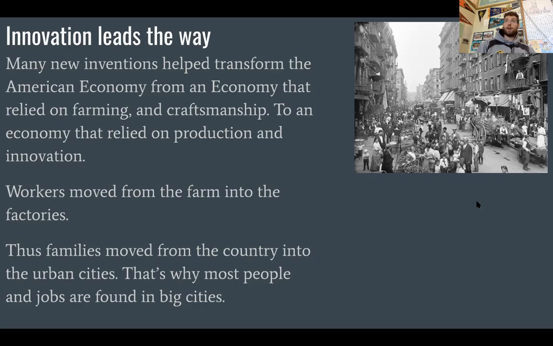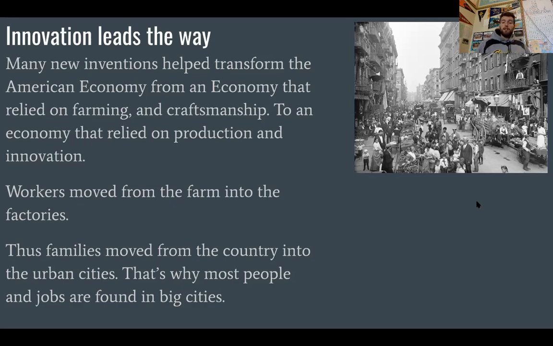But now, because of these new innovations, new technologies, and new inventions, which we're going to get into in a second, there was a rapid desire to build factories. Factories typically were built in the cities. So what we saw, not just in the United States but around the world, is people shifted from living on the farmland to moving into the cities.